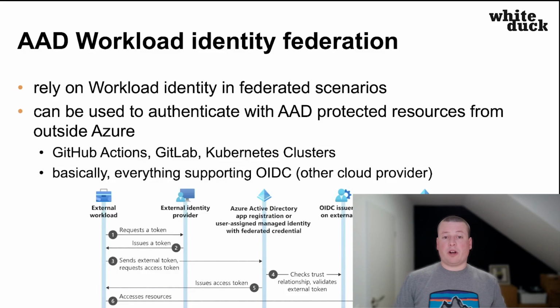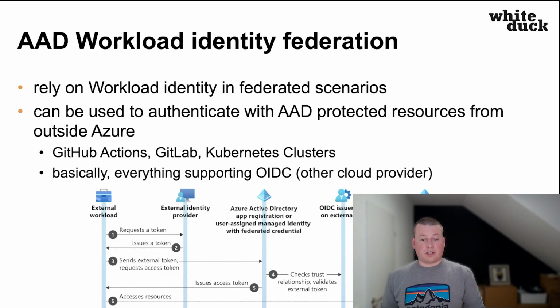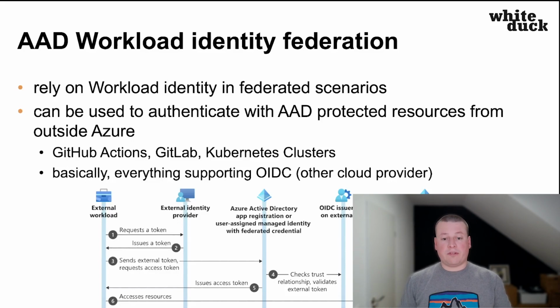So how does this work? Your external workload, your application, is talking to your identity provider and requesting a token. Then your identity provider validates that and will send you a token back.